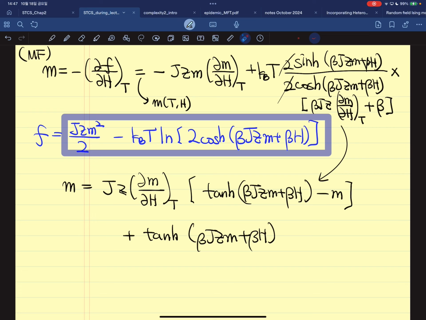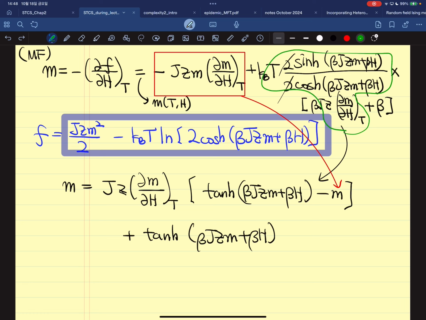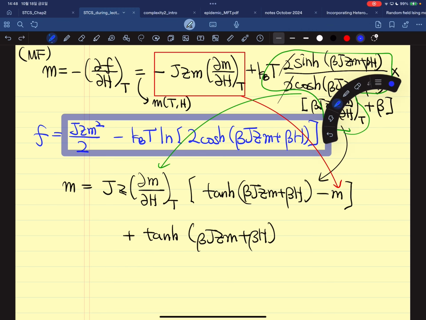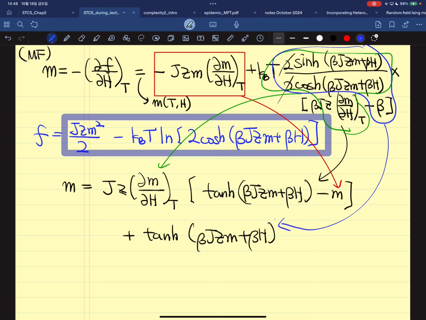So this term goes to this one, this term goes to here, and this term goes to this term. It's complicated, but yeah.